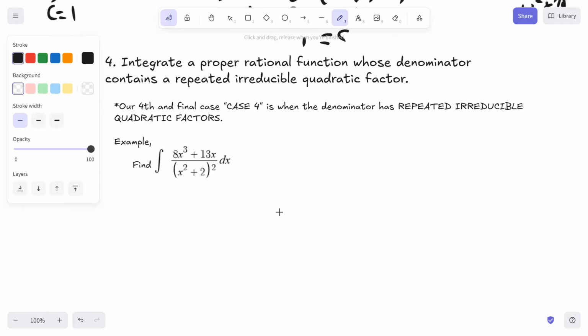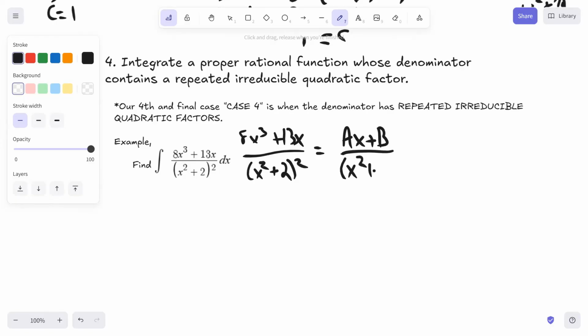So for this one, you would have 8x cubed plus 13x over x squared plus 2 squared is going to be ax plus b over x squared plus 2, plus cx plus d over x squared plus 2 squared. If we had an extra x in the denominator here, we would have to have started off with a over x, and then you would have bx plus c over x squared plus 2, and so forth and so on.